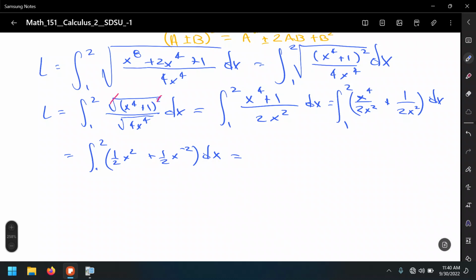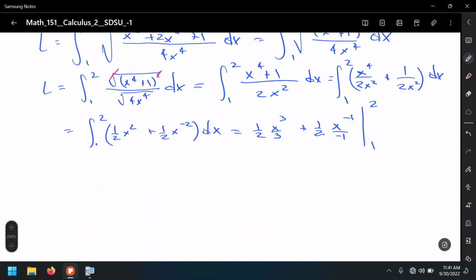Well, the integral of these two terms is going to be 1/2 x cubed over 3 plus 1/2 x to the power of 1 added to negative 2, what do we get? Negative 1, and divide by that same negative 1 in the denominator, and evaluate this from 1 to 2. First things first, let's clear the mess with the signs, the negative powers and the coefficients.